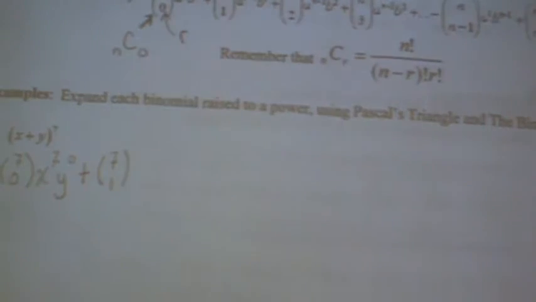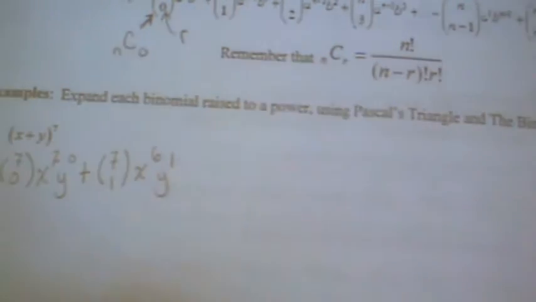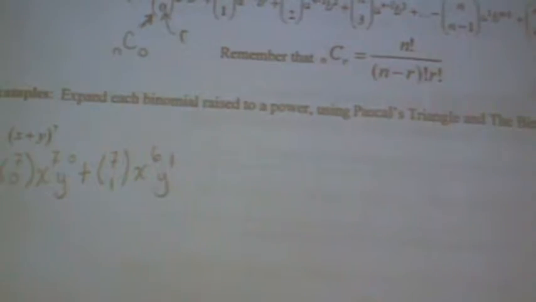So for our next term, write out the combination, 7 over 1. Our x term, our exponent goes down by 1, so it's now a 6. And our y term is now a 1, because it increases by 1.